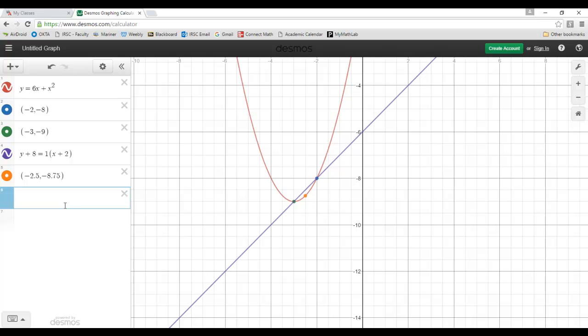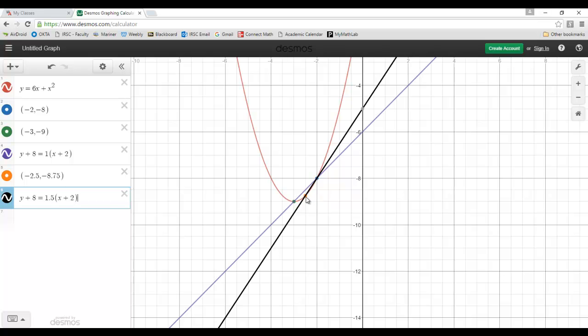They don't ask you for the equation of the line, but to find it, you'd use point slope form. Again, the x1 and y1 are going to be negative 2 and negative 8 respectively, so the equation of that line is going to be y plus 8 equals m, which we just figured out was 1.5, times x minus negative 2, so plus 2.